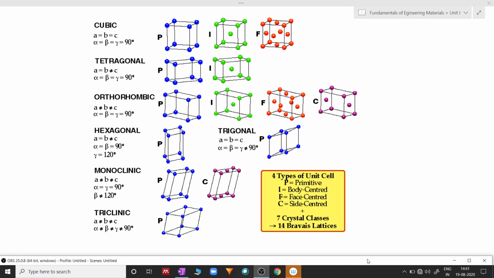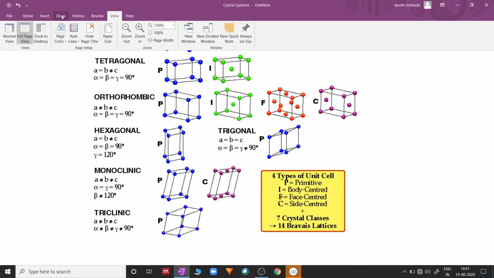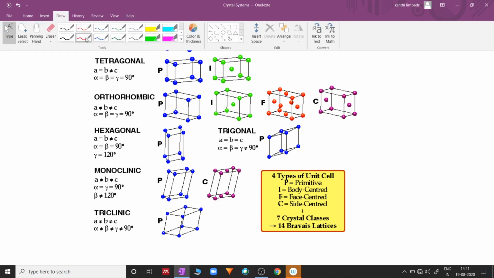Now, the example for this cubic unit cell, the materials that present in these cubic crystallographic systems are copper. I will write here.